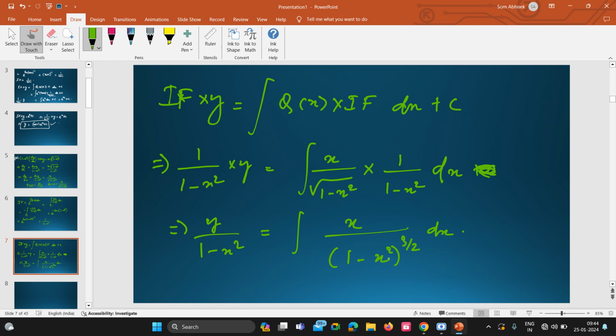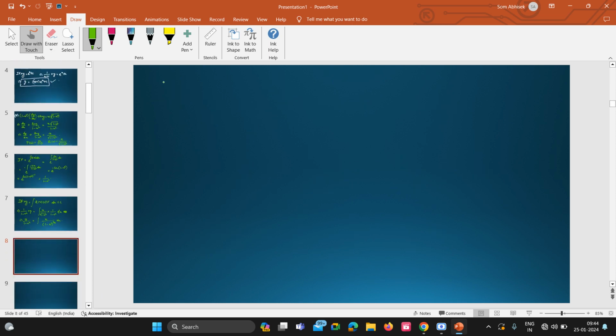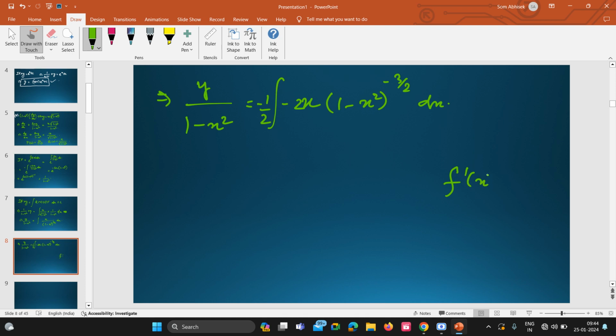Now what can we do? I can write it as y by 1 minus x square is equal to integral of x into (1 minus x square) to the power minus 3 by 2 dx. See, the derivative of this one is here. How? If I multiply and divide by minus 2, that will be my derivative. It is like f dash x into f to the power n x dx, so the integration is f to the power n plus 1 by n plus 1.